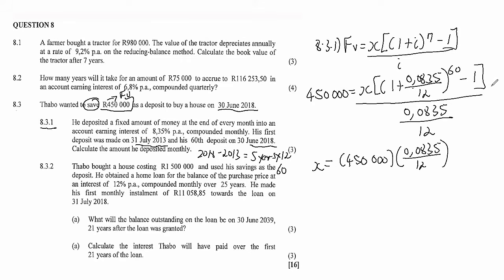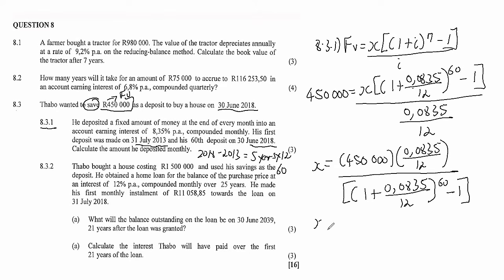Then all this here, bring it down as the denominator to divide that: 0.0835 over 12, and then to the exponent of 60 minus 1. So you make sure that you have included all those brackets there exactly as they appear, because once you miss one bracket, it is possible that it might say a maths error, or you might just find a totally different answer.